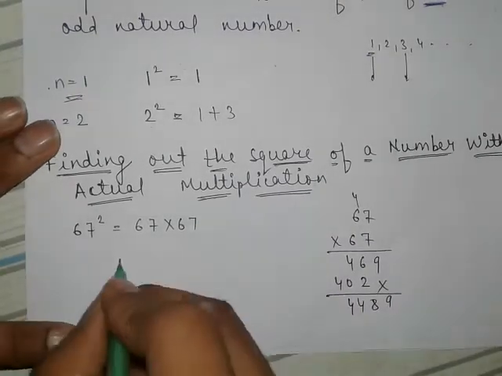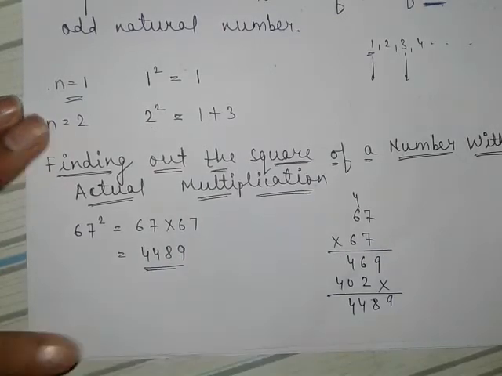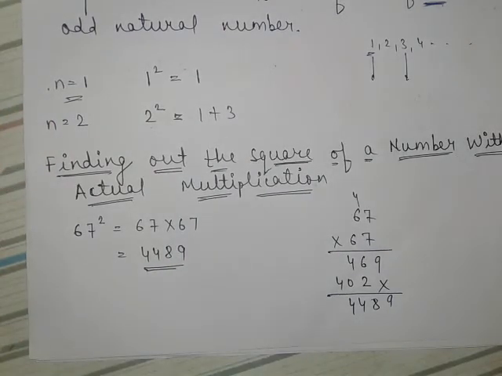Okay, so you write that 4489 is the square of 67. But this is actually a kind of lengthy multiplication. You have to multiply each digit and then perform the sum, and then you have to write.